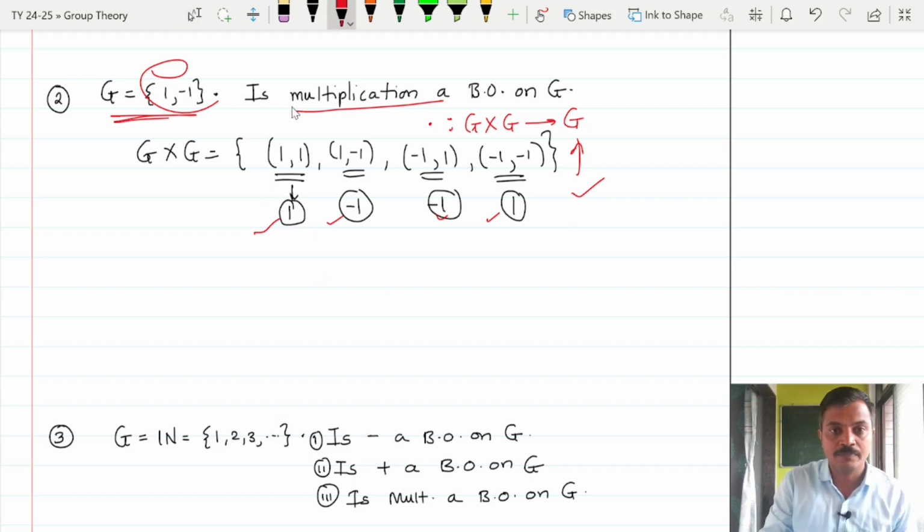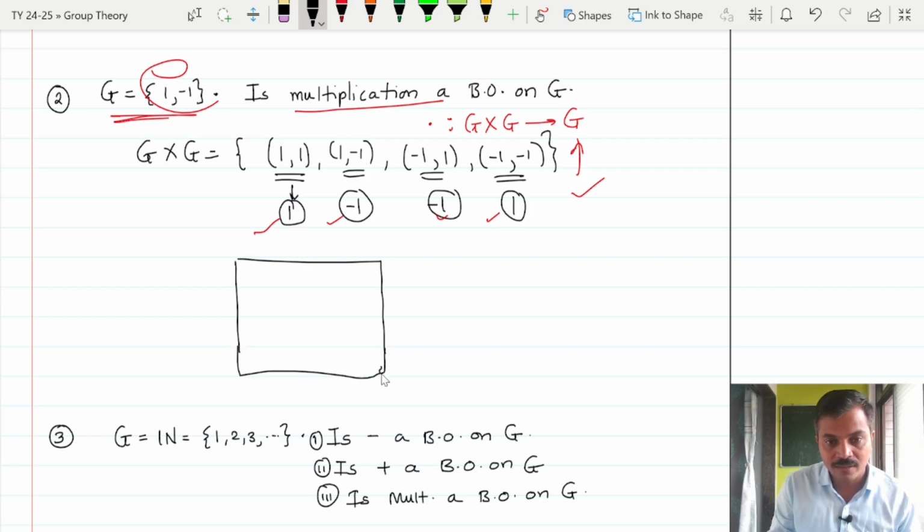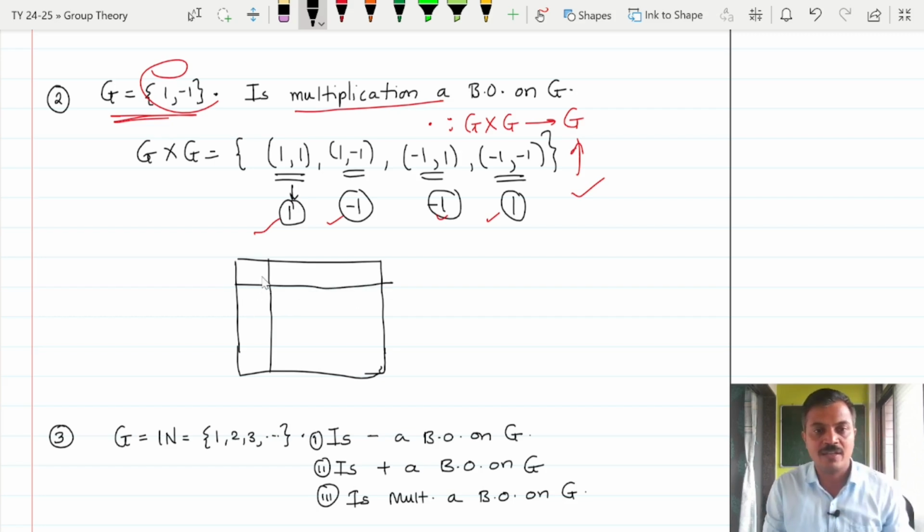What is going on here? For that, let me draw one table for you. There is one more way to check whether a given operation is a binary operation or not. This is especially for finite sets. For infinite sets, I will tell you what to do.